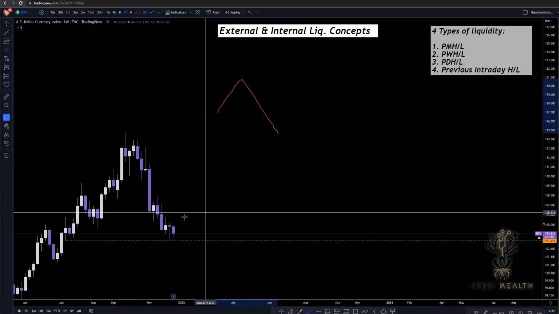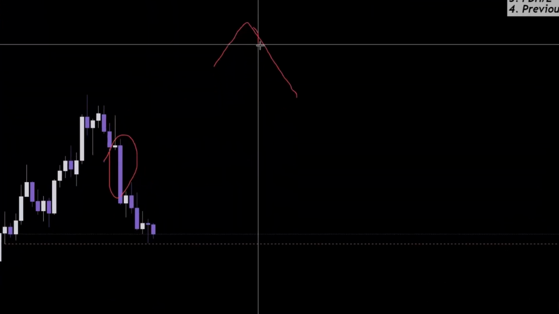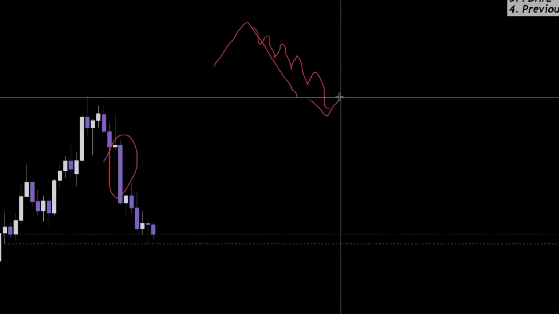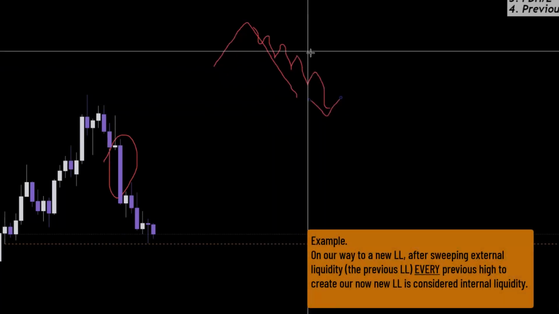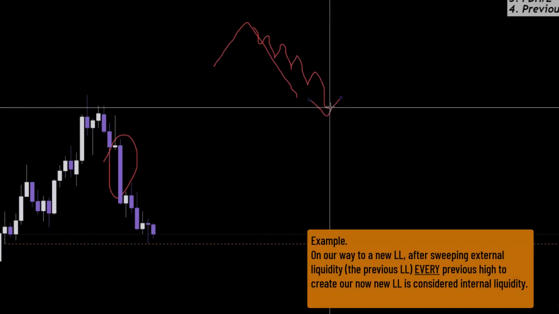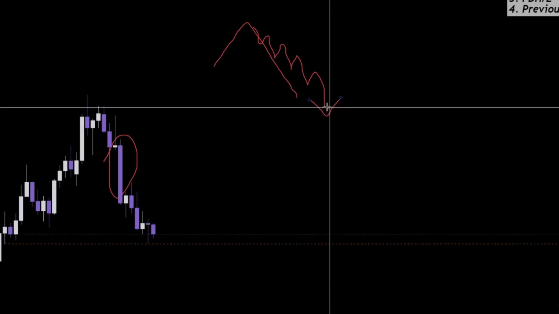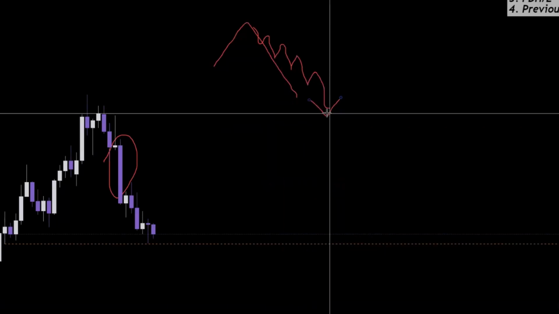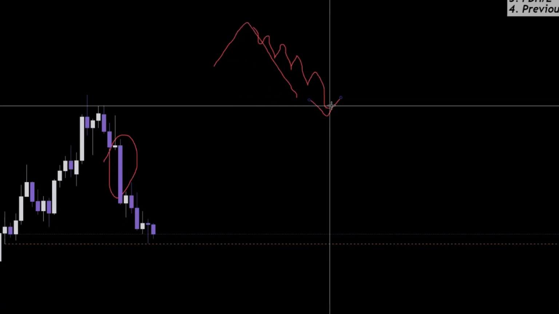In this expansion level to the downside, on the lower time frames, we had a bunch of previous highs created on the way to that low. All of these previous highs are considered internal liquidity. Okay, so on the expansion way down to a lower low, any previous high is internal liquidity.